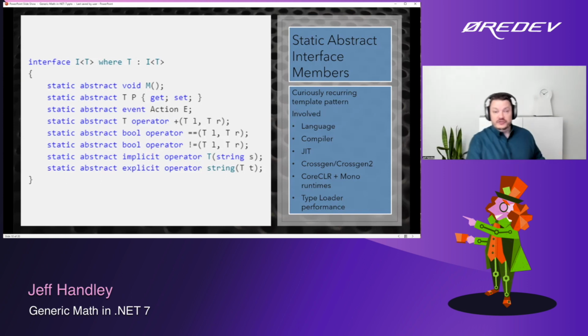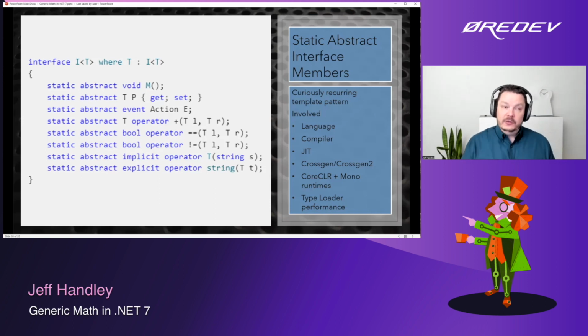Now, stepping away from generic math for a second, one of the cases where I'm really excited about static abstract interface members is for factory methods. Think about how many times you've written code where you constrained T, and you could constrain it to have a constructor, where T has a new that's parameterless, but you couldn't constrain T to have a static method that you needed it to have in order to call into some factory.